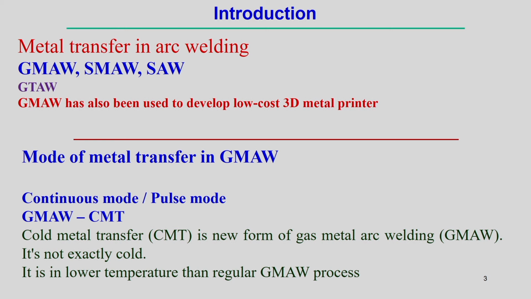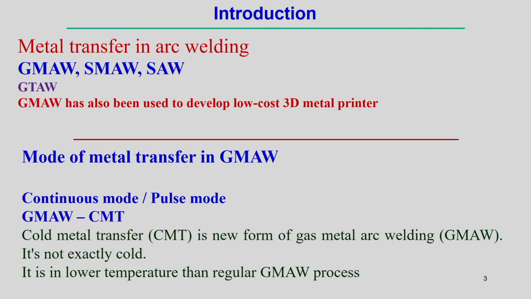In general, all these welding processes are associated with some sort of metal transfer or material deposition. We are analyzing metal transfer in welding because it is very important: if we want to develop a wire arc additive manufacturing process, we need to understand the different metal transfer mechanisms associated with arc welding.